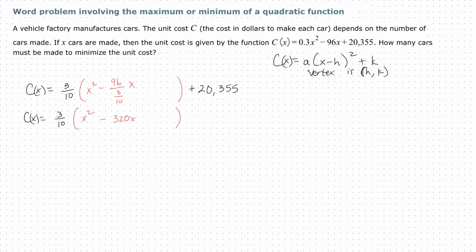Leave a space. We'd leave that space there so that we could complete the square. Take 320 divided by 2. We get 160. Square it.